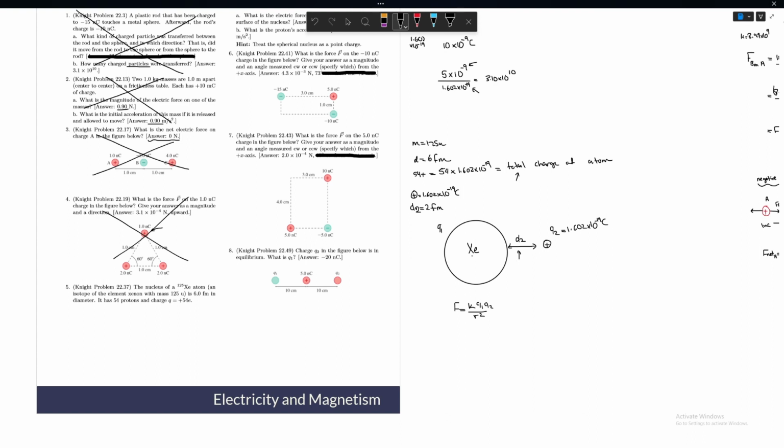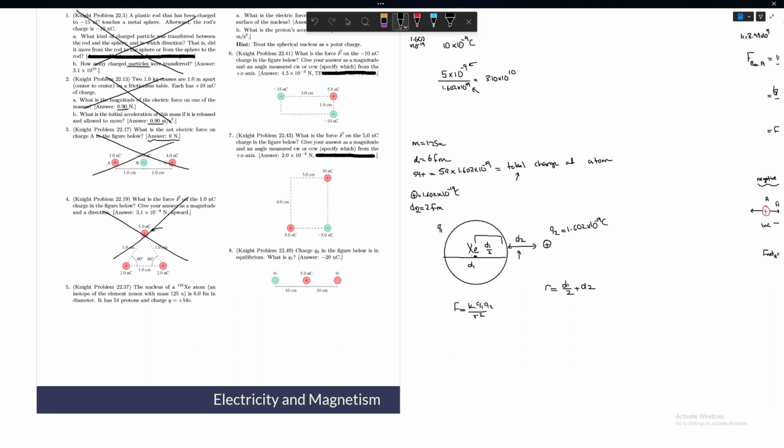This whole thing is D1, 6 centimeters, so what we want is half of it, D1 divided by 2, from the center. So R actually equals D1 over 2 plus D2.